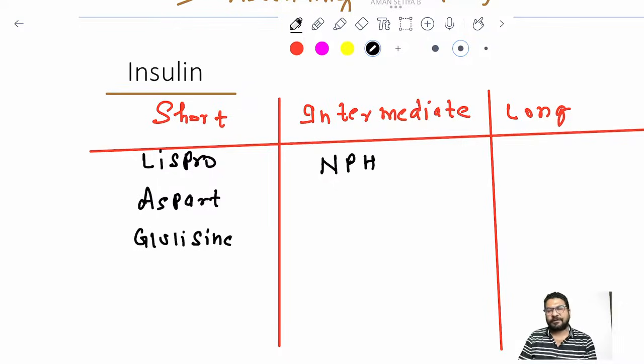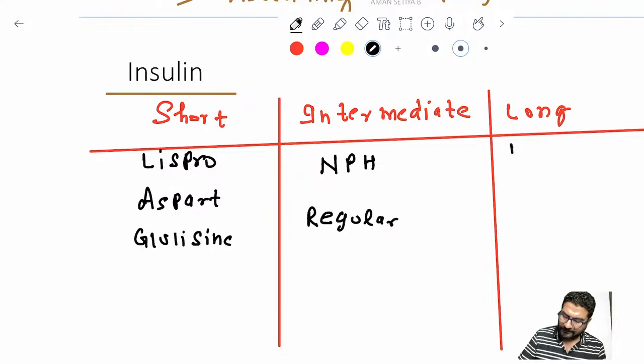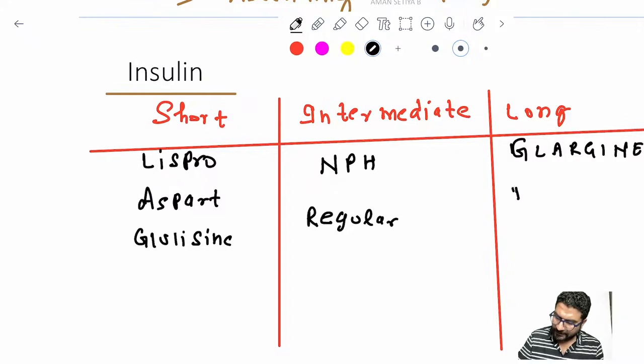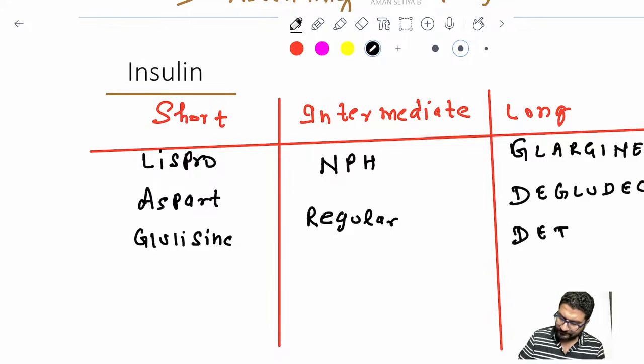Intermediate we have NPH. NPH is neutral protamine hagedorn, and regular insulin. In long we have glargine, then degludec, and detemir.